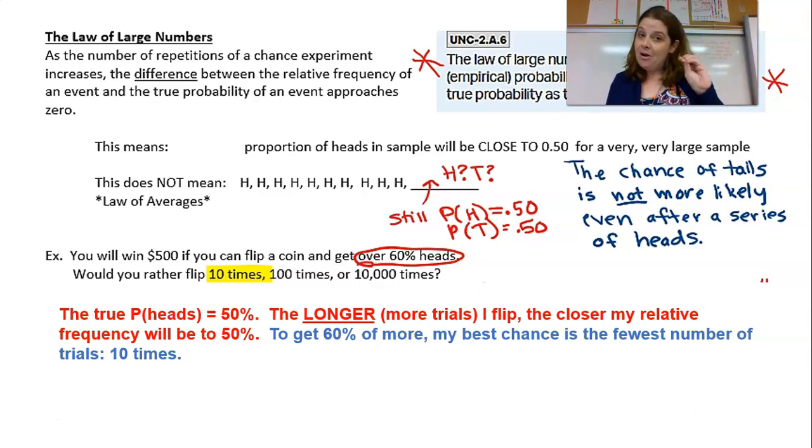So if I was going to bet on this, I would want to go the fewest number of trials, because with the fewest number of trials, I am more likely to get something large, over 60%. Now, I might also get something really small, but if we're just talking about what's more likely here, the more times I flip this, the closer it's going to be to 50%. It's going to start narrowing in, and my chances of getting over 60% are going to drop.